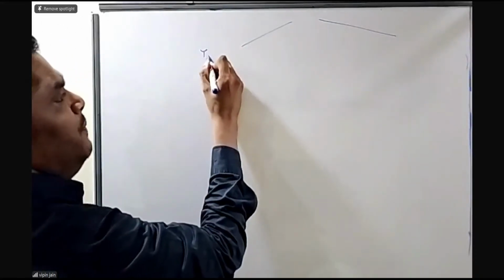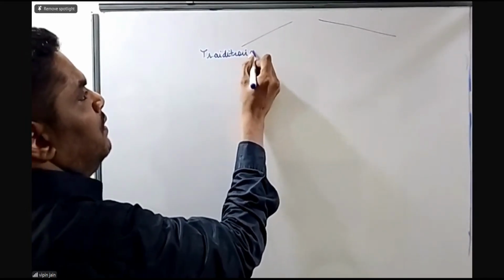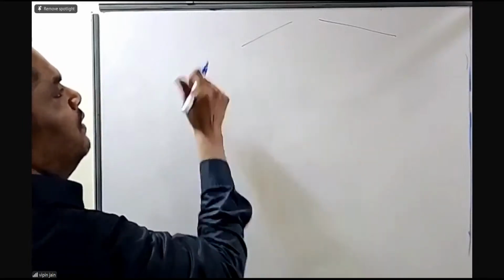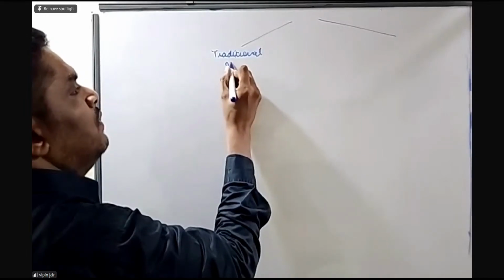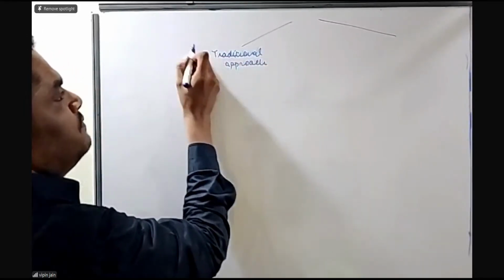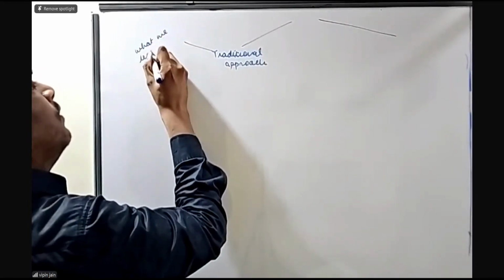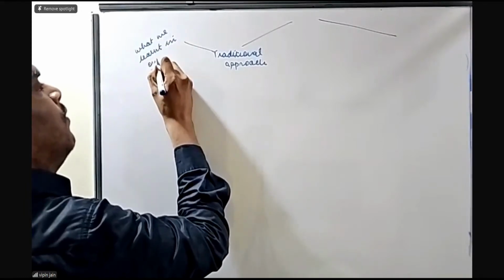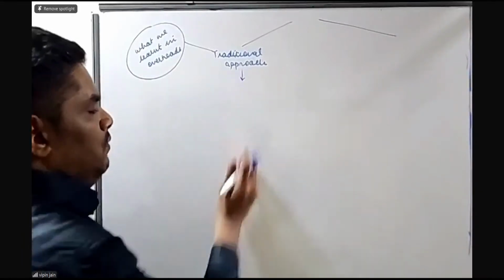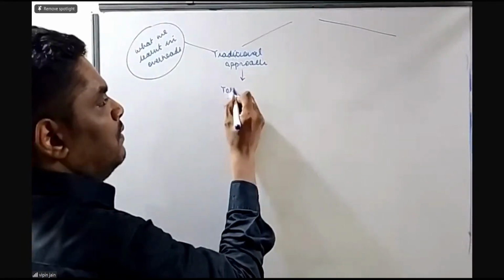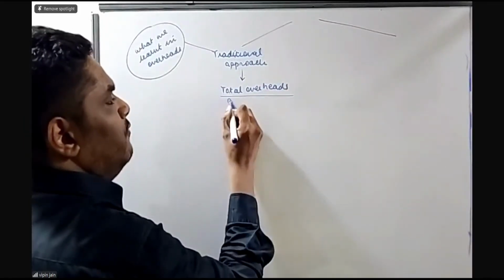The traditional approach, what we have learned in overheads, what it says: total overheads divided by one basis of absorption.